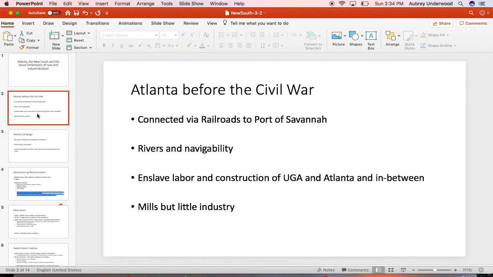As a quick reminder, before the Civil War, Atlanta is a very small town, but it is significant in that it has railroads. We see the beginning of railroads in Georgia around the 1830s.